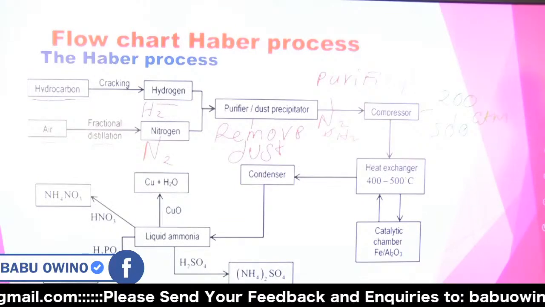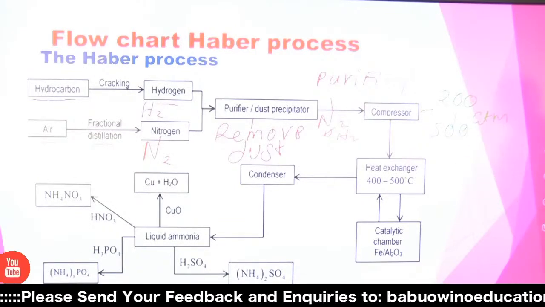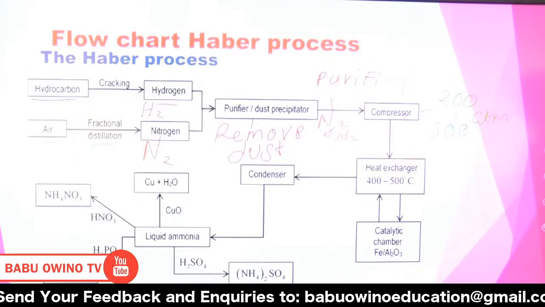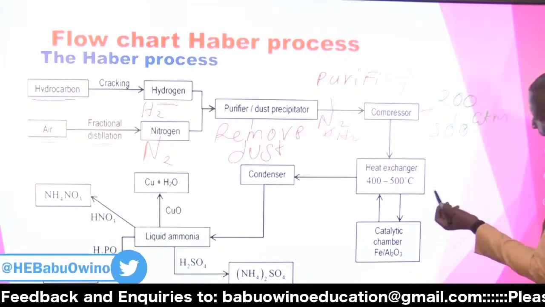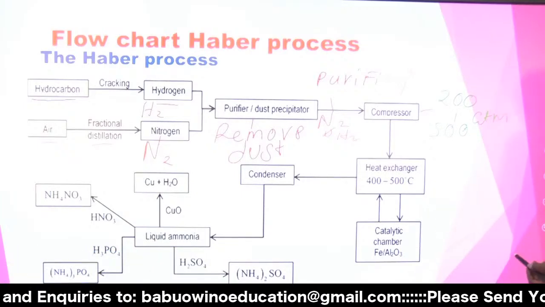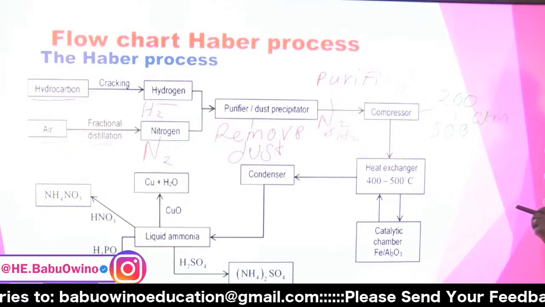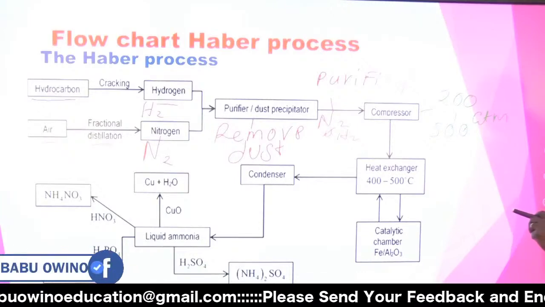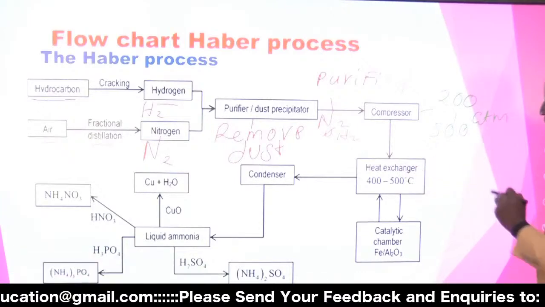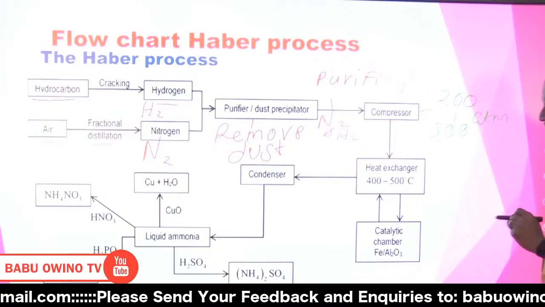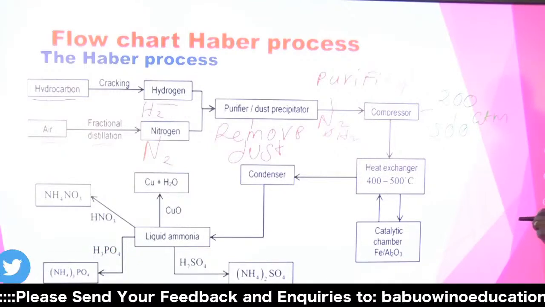So the gases are compressed to attain the required pressure of 200 to 500 atmospheres. Then they are taken to the heat exchanger, whereby the gases are now heated to 400 to 500 degrees Celsius.